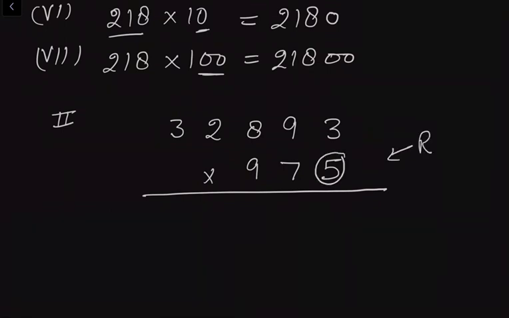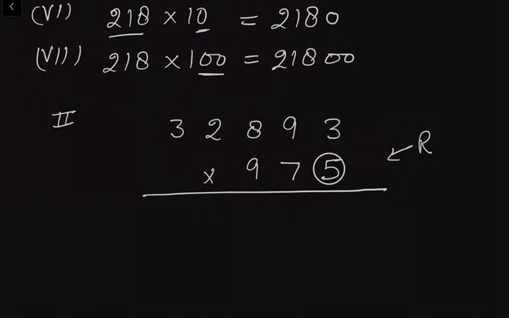First we will multiply 5 with 3, with 9, with 8 and with 2 and 3, and then the same for the 7 and 9. Now start with number 5.